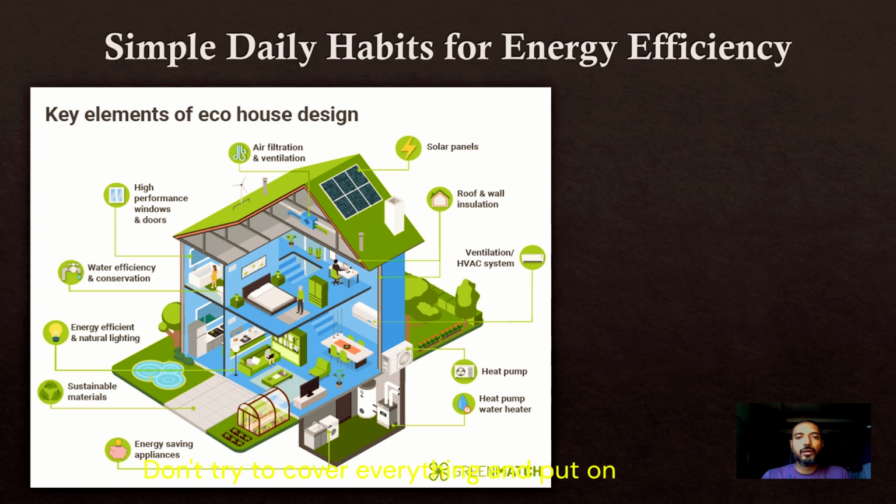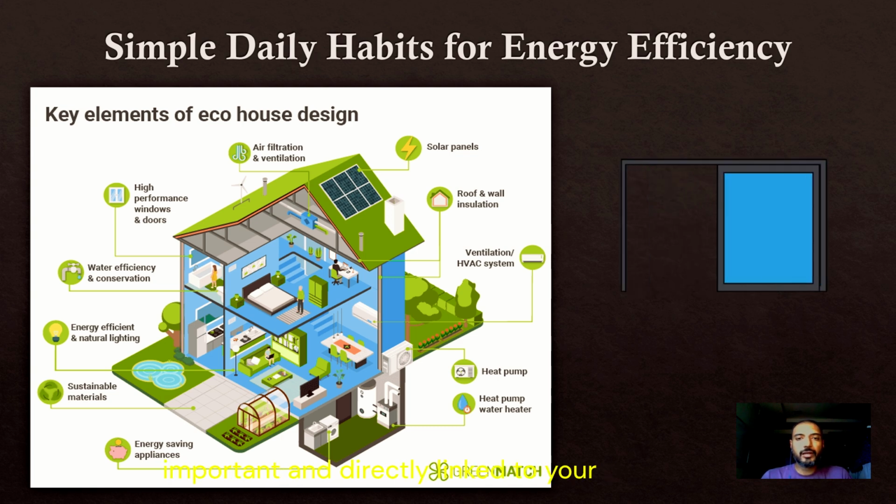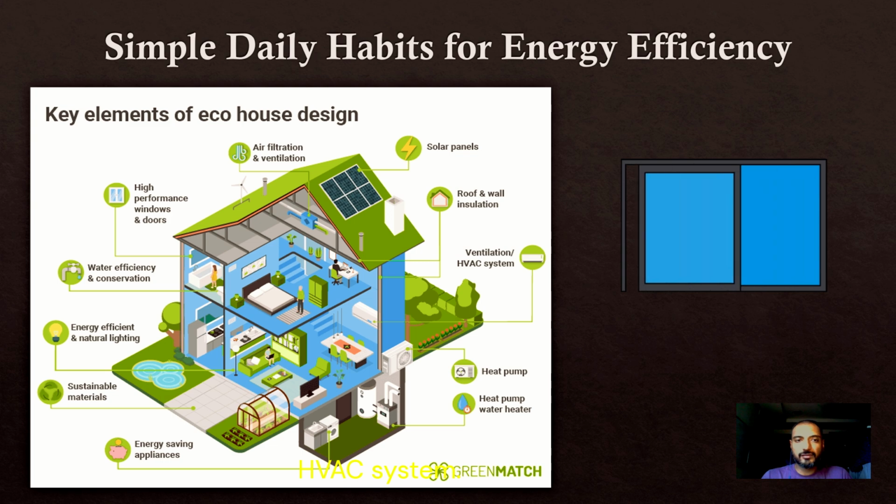Don't cover everything and put on the lights and fans just to illuminate your house. Design your house so that you get the maximum natural light and don't need artificial lighting inside your house. High performance windows and doors are very important and directly linked to your HVAC system.